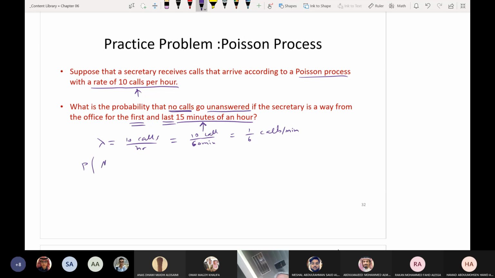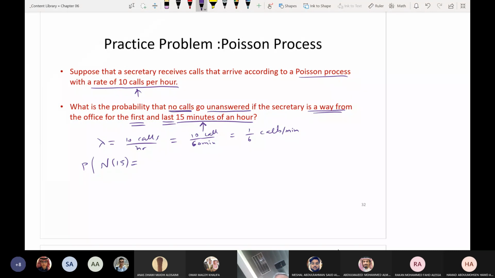So no calls go unanswered, which means the secretary is away. If the secretary is away, calls will go unanswered only if calls arrive. If no calls arrive, then none go unanswered.